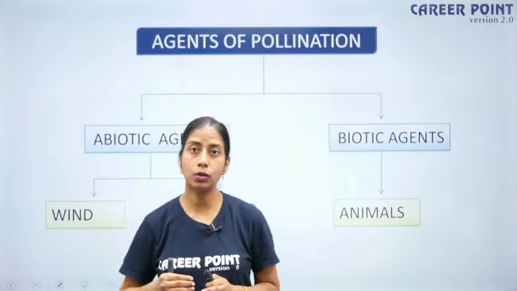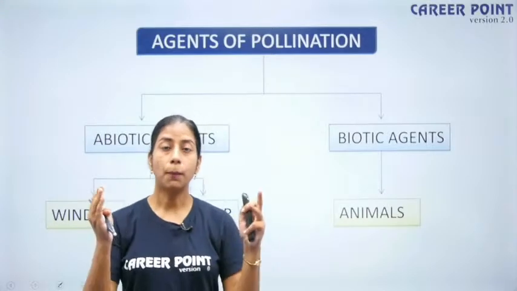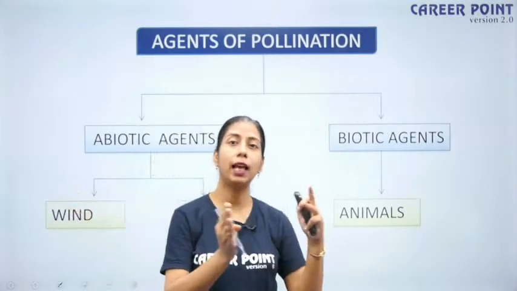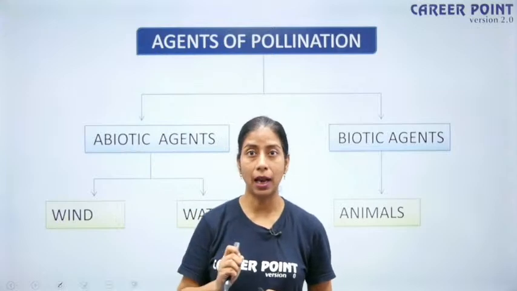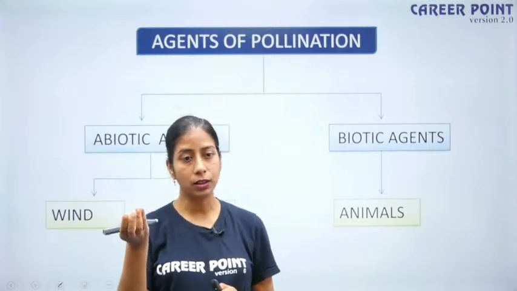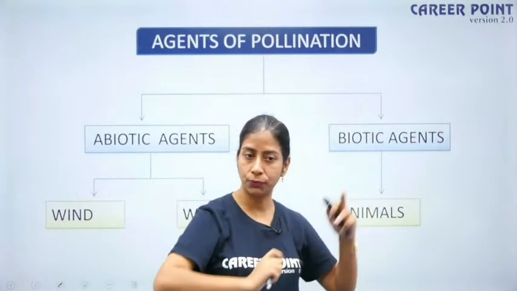Wind, in most of the cases like corn, maize or wheat, the pollens are carried with the help of wind. So in the wind pollinated plants, the pollen grains are very light, बहुत light होते हैं, and can be easily transferred.